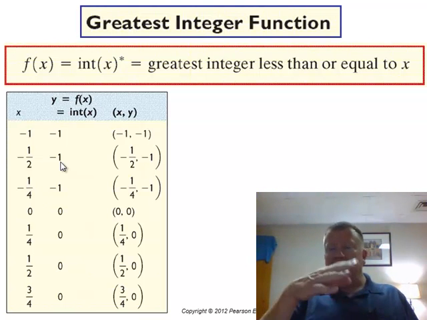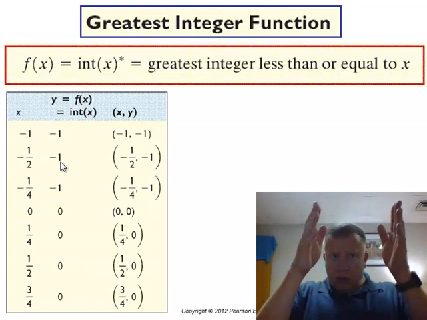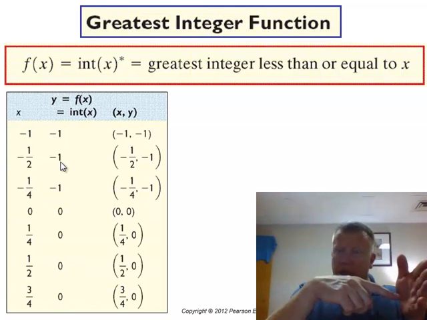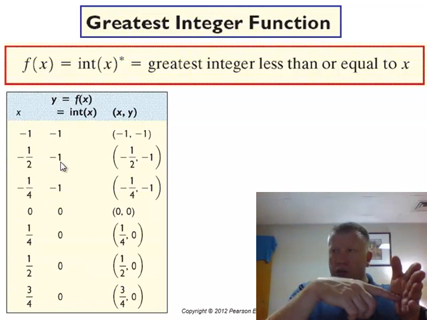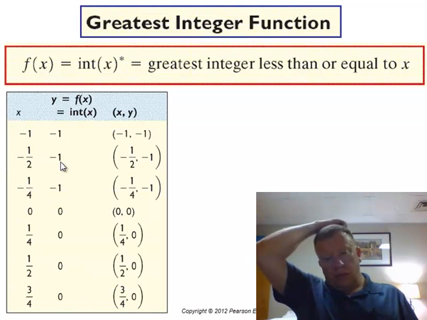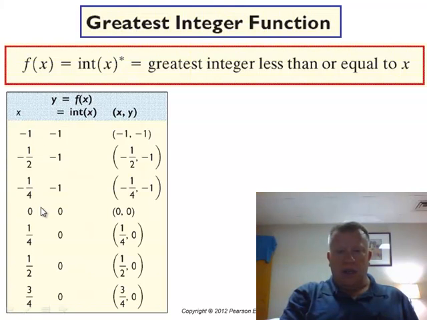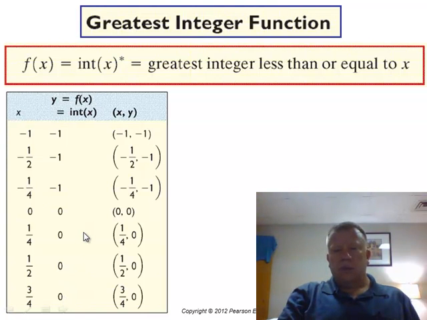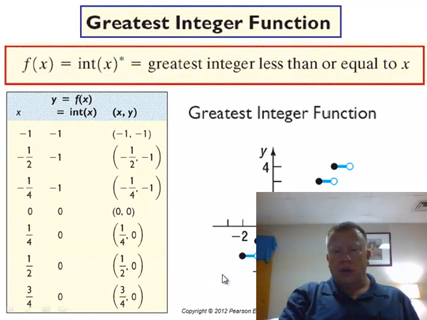So when you're between -1 and 0, well, the output is going to be -1, which is the nearest integer to the left. Okay, so the int of -1/4 is -1. Int of -1 1/4 would be -2. And of course, the int of all these fractions are going to be 0. So let's go and plot those. And boom, here is the graph.